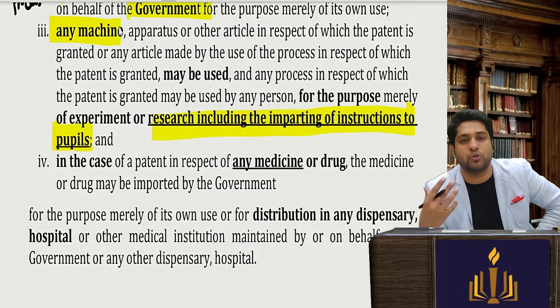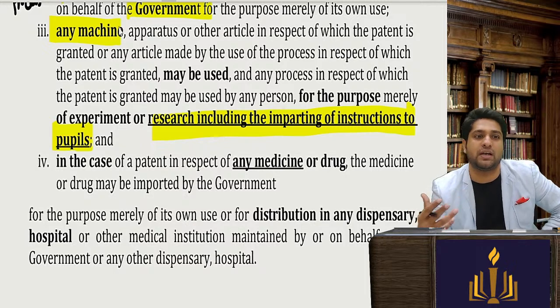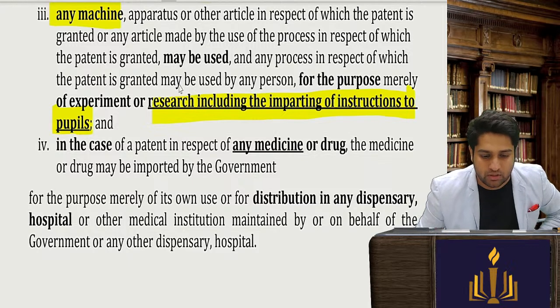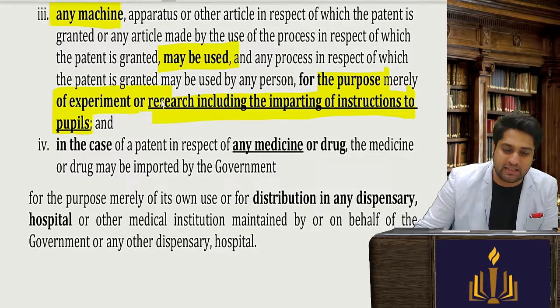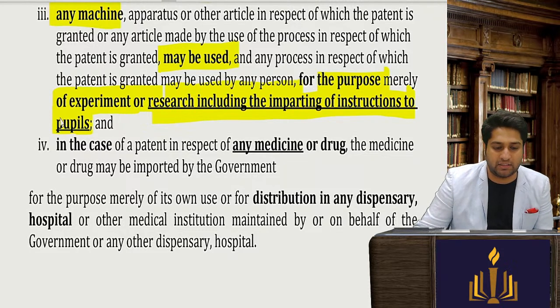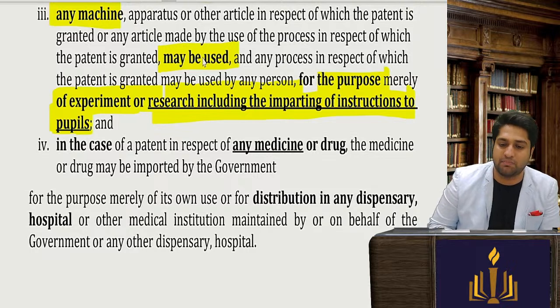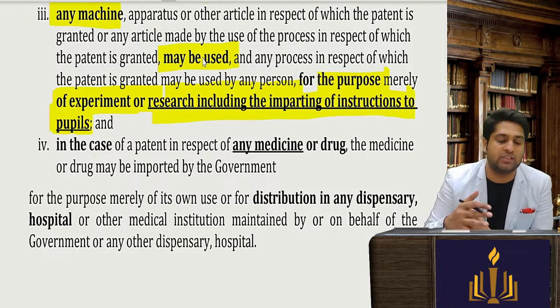Now if I'm a doctor and I want to use that already patented thing to teach the students, it can be used. It may be used for the purpose of experiment and research, including imparting instructions to the students. Same thing, any product or process or machine or apparatus or article for which a patent has been granted may be used merely for the purpose of experiment or research, including imparting instructions to the students.